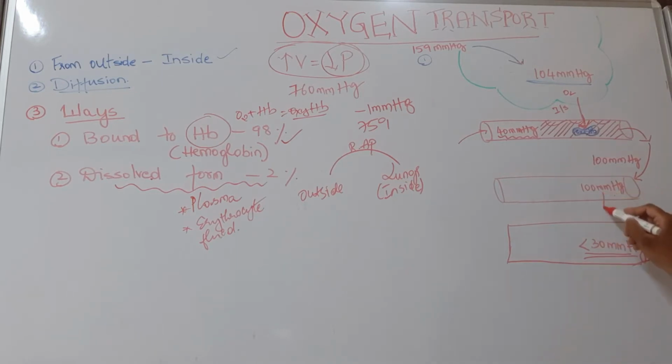Therefore, the oxygen moves from the arterial blood to the inside of the tissue. That is, the oxygen that is bound to the hemoglobin gets unbound or released and goes inside a cell for the cellular respiration process.